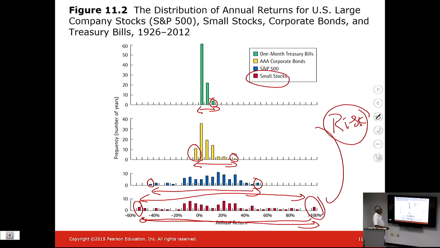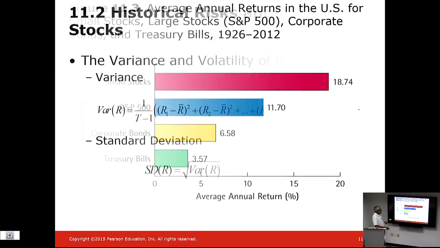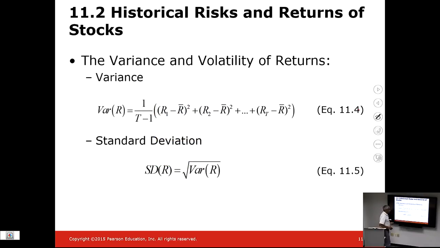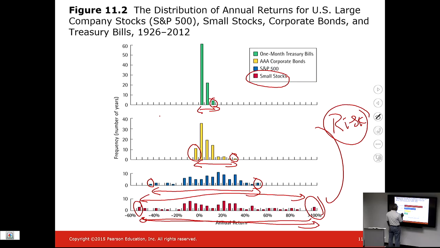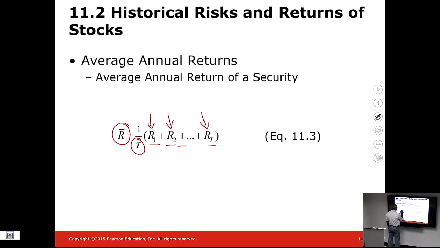But how do we define this? Looking at a picture is one thing, but being able to define it is a whole other thing. So how do we define risk? One of the tools that we have to define risk, we borrow this from statistics, just like we borrowed the idea of mean or average from statistics, is the idea of variance. And how do we calculate variance? We take the deviation of each return from its mean return. So over here, we calculated the mean.